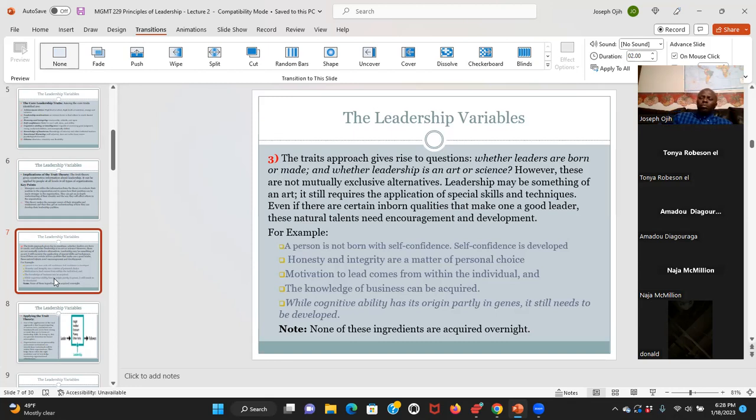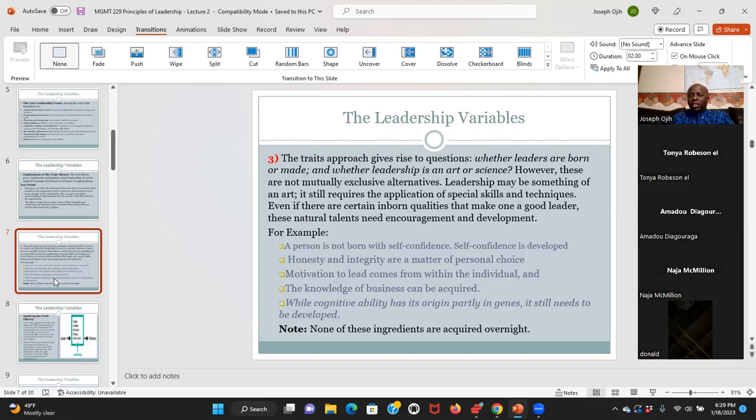Now, generally speaking, even if some leadership skills are inborn, or if you say that somebody has a natural skill to be a leader, or he's a born leader, or she's a born leader, the talent that you are born with, you still need to develop it. Many people have skills and talent that they are born with, but you have to develop that talent or build on it before it can manifest.